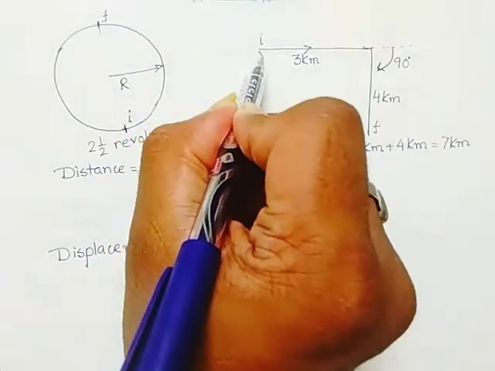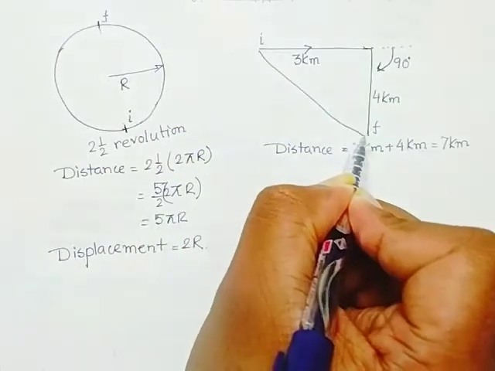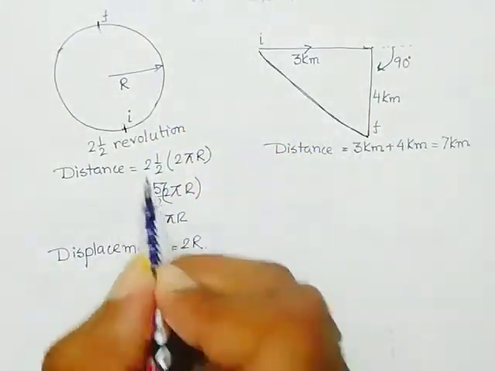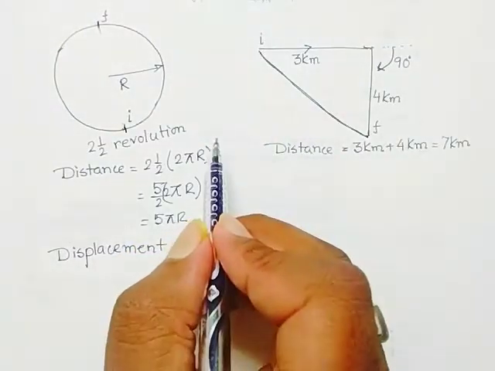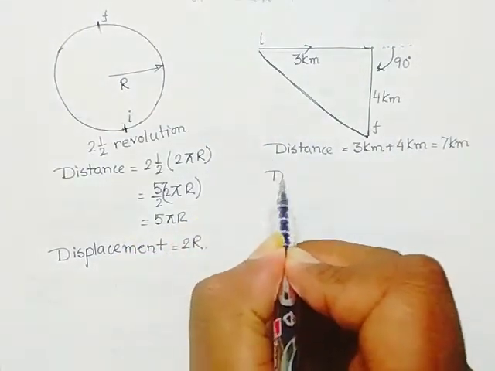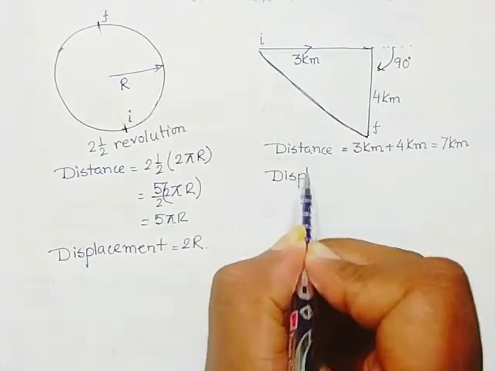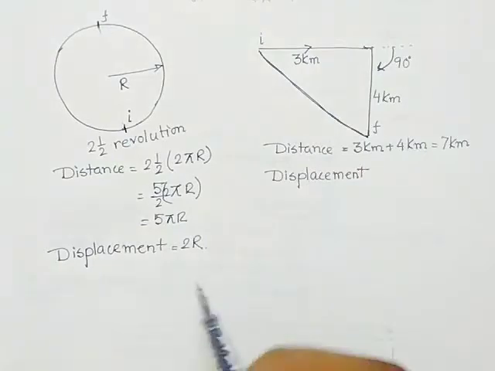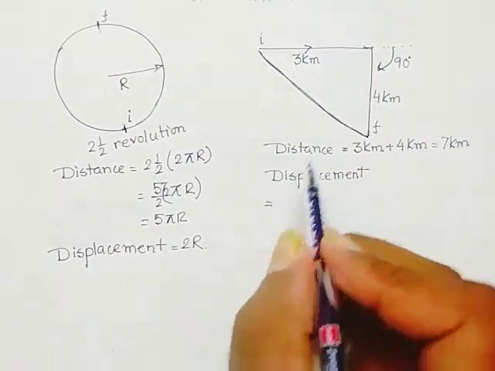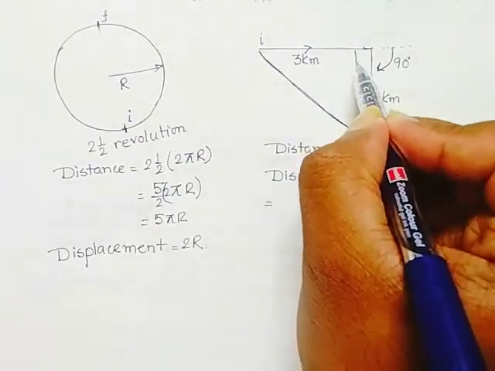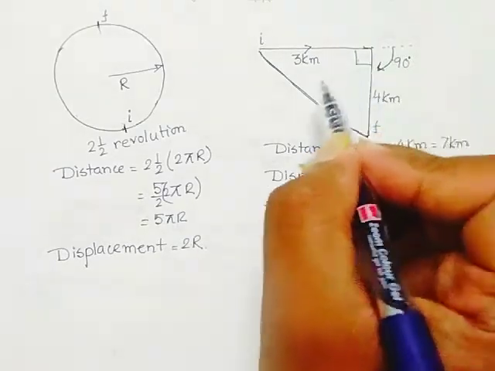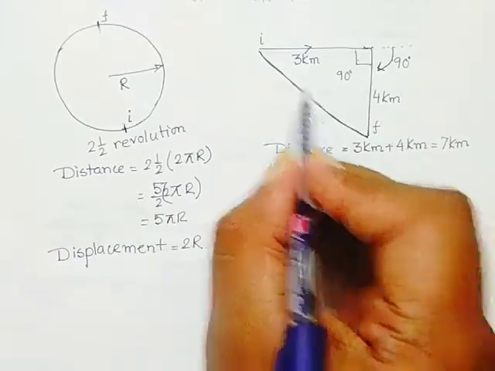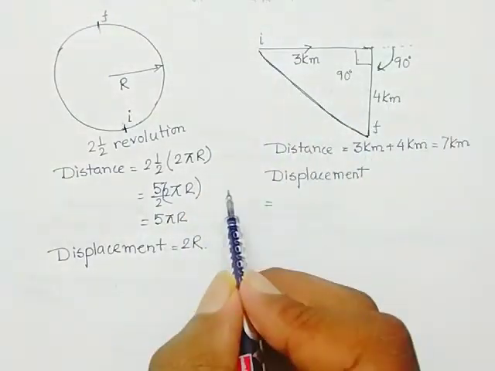If we connect these two points by a straight line, then the straight line measures the displacement. If I consider this is a 90 degree, then this is nothing but the hypotenuse of this right angle triangle.